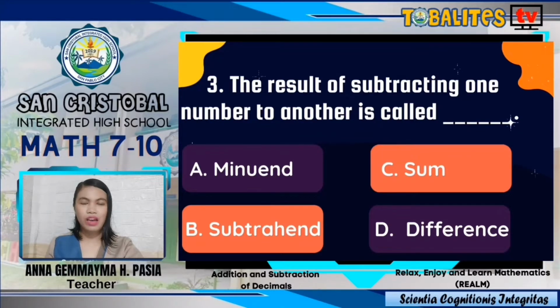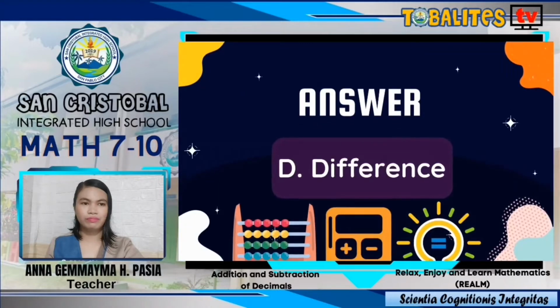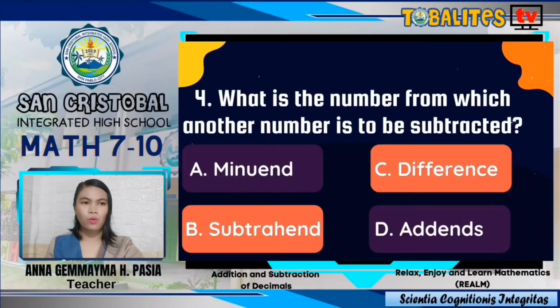Number 3. The result of subtracting one number from another is called: A. Minuend, B. Subtrahend, C. Sum, D. Difference. Number 4. What is the number from which another number is to be subtracted?